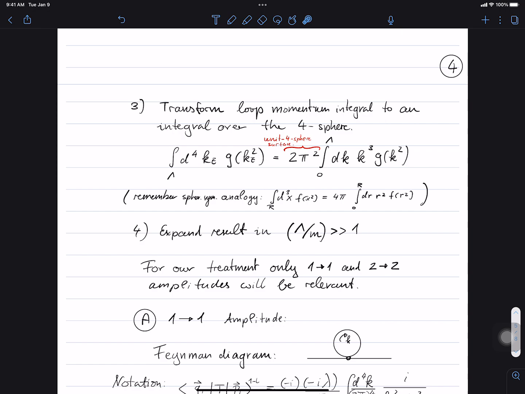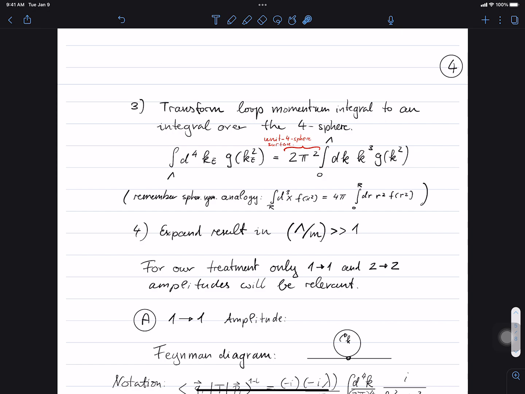We write it as an integral over dk, where k is the magnitude of this momentum. Simplifying notation, we just drop the E index now. And we get dk, k to the 3, function of this k momentum times 2 pi squared, where this is the surface of the 4-sphere.